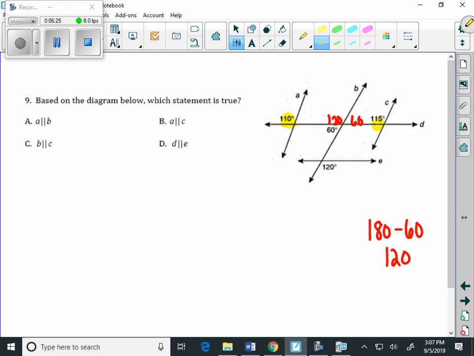Well, luckily enough, then that must mean that our answer is D, and it is. If we take a close look, what we've got is this 120 degrees right here, we've got this 120 degrees right there, and they are alternate exterior angles. They're both outside of the proposed parallel lines. And since those two are equal, our answer to this one is D.